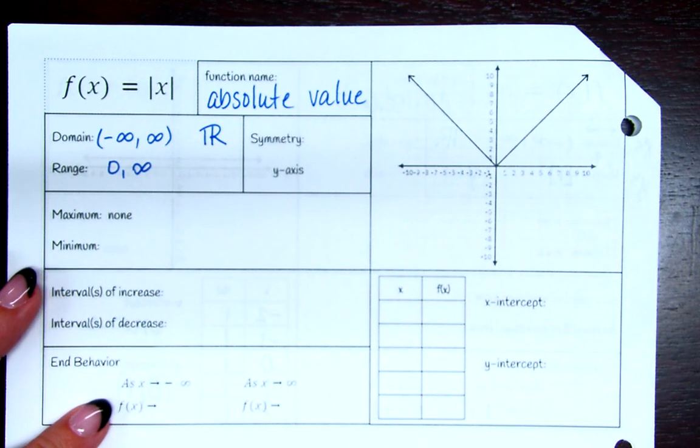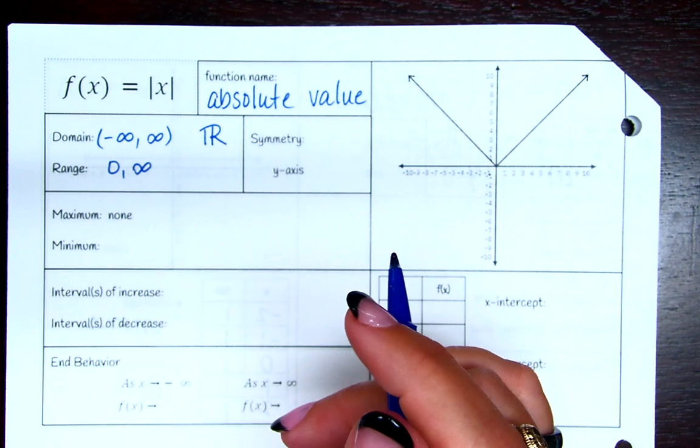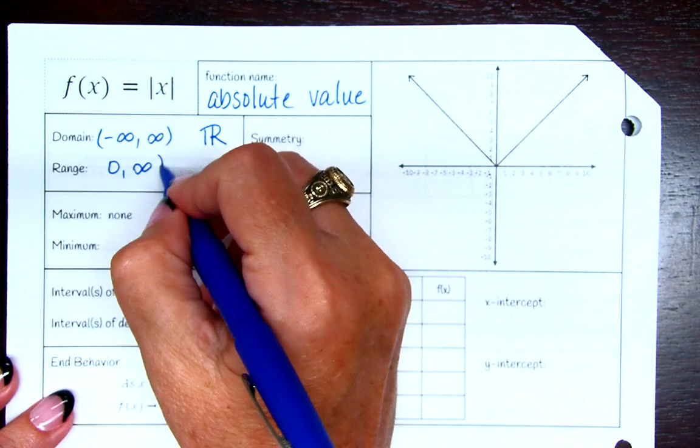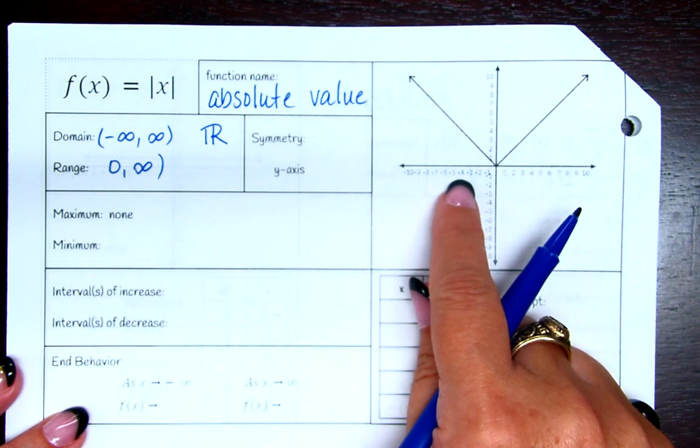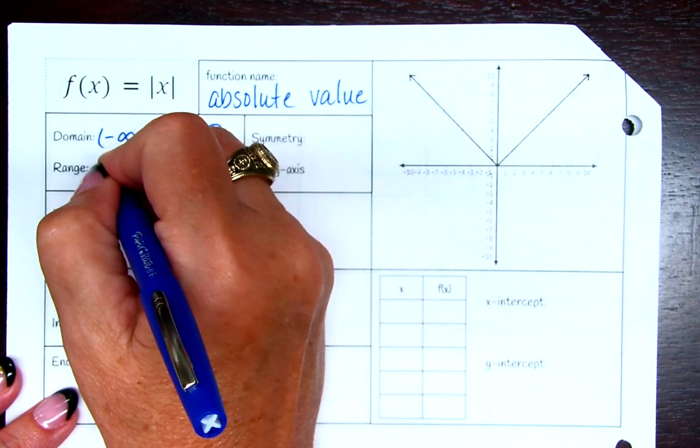What did I say goes around the infinities always? A parentheses, right? Parentheses will always go around the infinities, but something different goes around the 0 this time. It's not a parenthesis. Sometimes it will be a parenthesis, but not for this one. This one, it's a bracket.